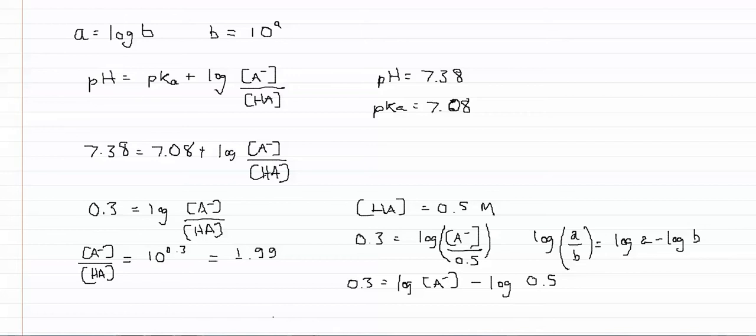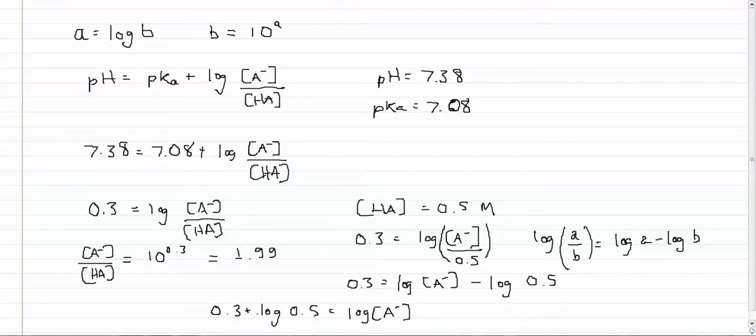Now if you rearrange that, we're adding log 0.5 to both sides, so we're gradually isolating our term log A minus. We can say that 0.3 plus log 0.5 equals log A minus.